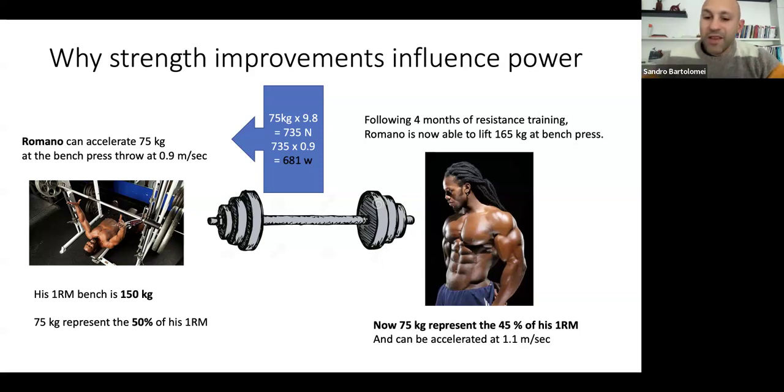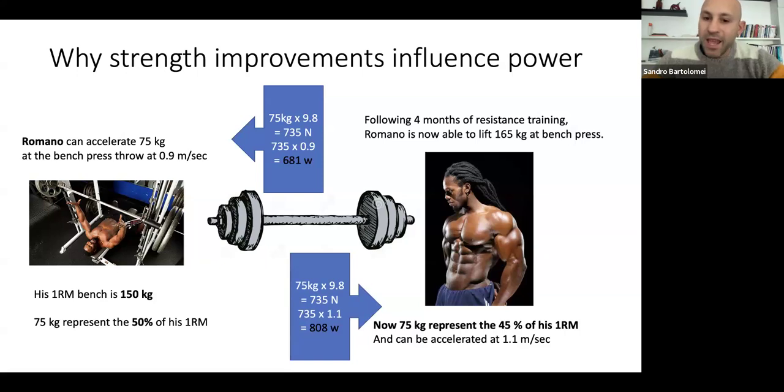Okay. However, following 4 months of resistance training, his 1RM may increase to 165 kilograms at the bench press. So 75 kilograms is no longer his 50%, but now represents 45%. So he should be able to accelerate the same load more, for example, at 1.1 meters per second. And now the same calculation leads to 808 watts, an increase of more than 120 watts.